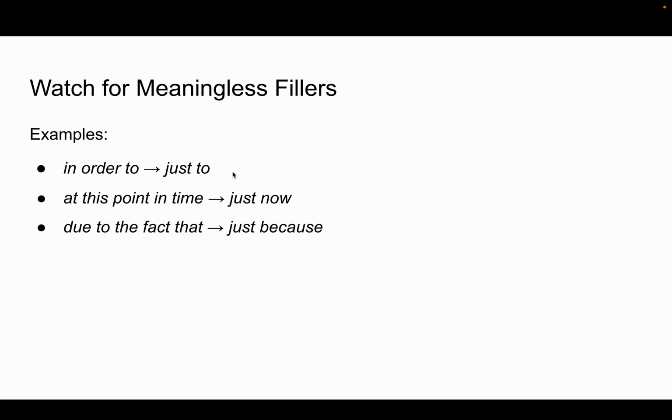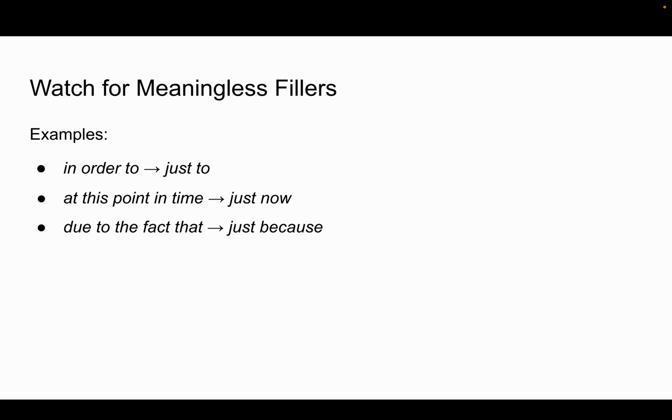The other concept that's tested is empty phrases. These are words that are meaningless fillers. Some phrases just add bulk but no meaning, and so the guidance here is to just trim them. For example, instead of saying in order to, you can just say to.